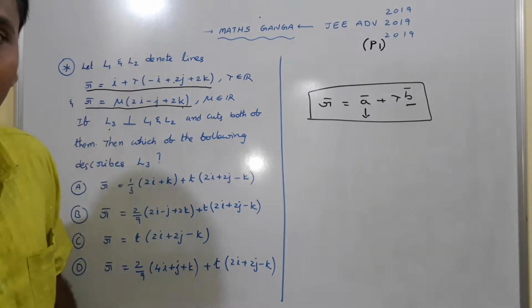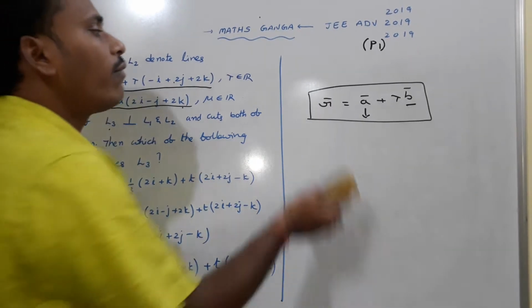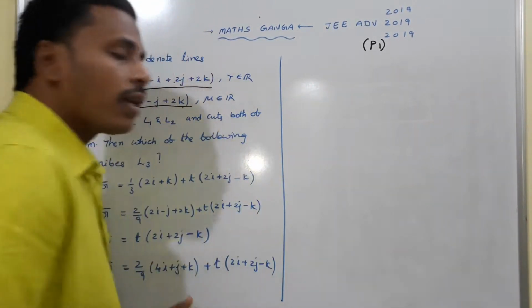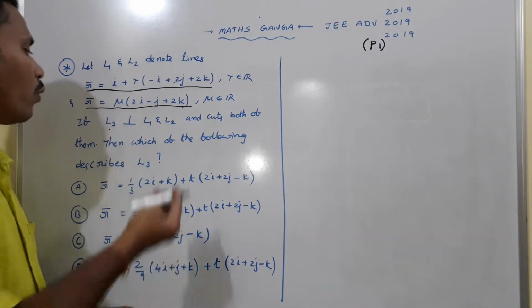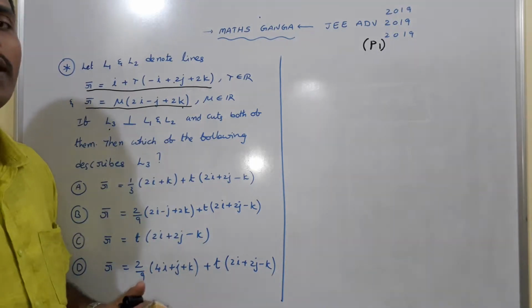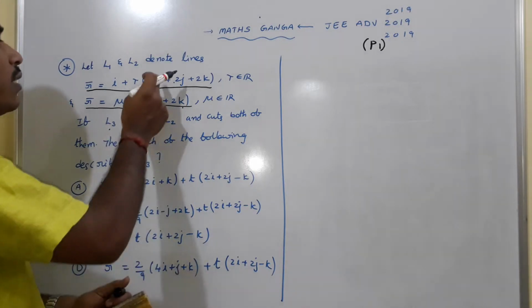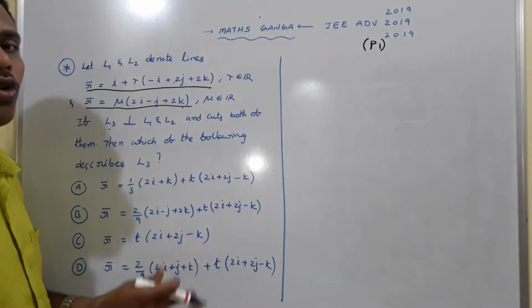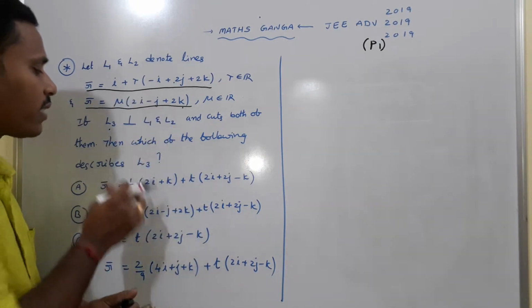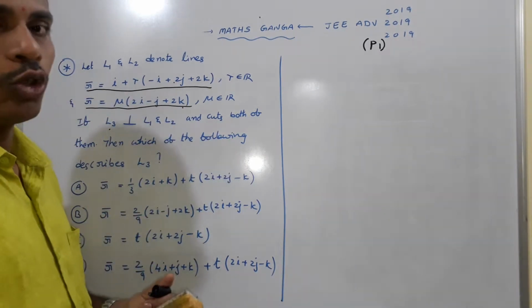To find the DRs of L3, what do we have to do? L3 is the line which is perpendicular to L1 and L2. If you observe, L1 and L2 are not parallel lines. They are two different lines, and L3 is perpendicular to both.